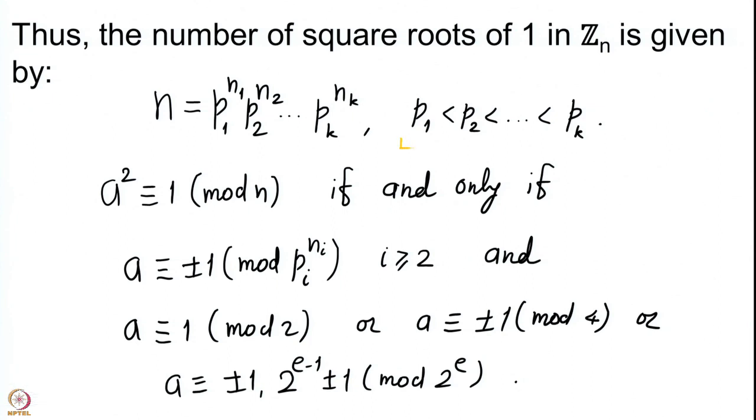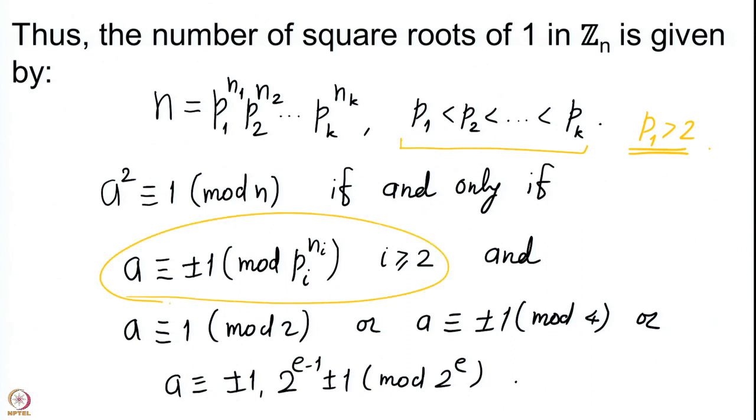Suppose that there is no prime equal to 2 in the factorization, then we have only this case, and in fact then you will have i equal to 1 onwards. So, we are going to get 2 possibilities for each prime. When we write them all together, you have 2 power k possibilities, you have 2 power k linear congruences.